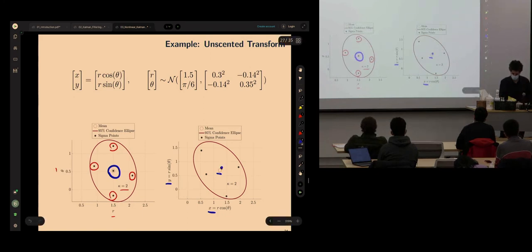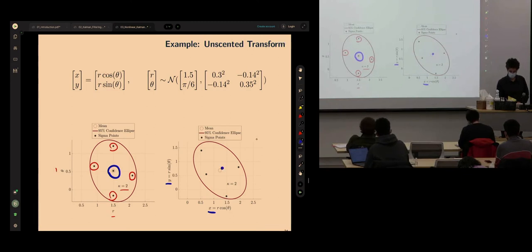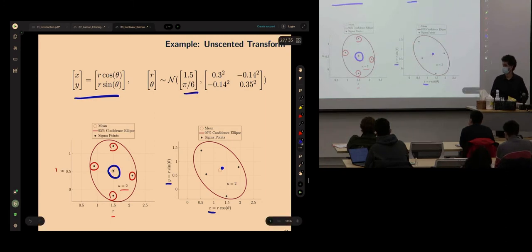However, the unscented transform tells you don't work with that, work with this linearization point, right? So this point is basically when you evaluate this function using this mean, right? Does that make sense?